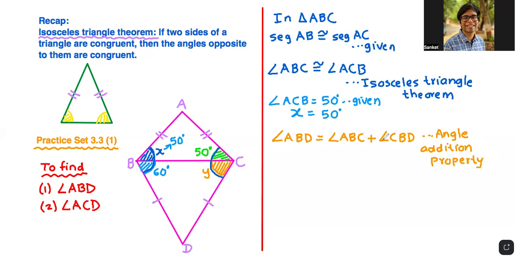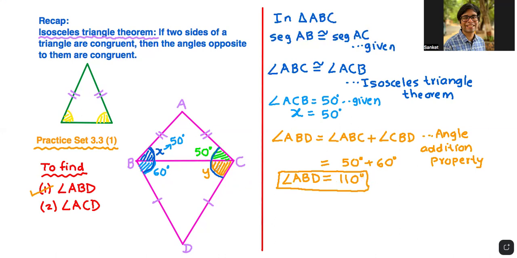That means I can add these two angles to get the bigger angle. I know this as 50 degrees plus this as 60 degrees. And the measure of angle ABD I find as 110 degrees. So I'm done with this first part. Let me box my answer.